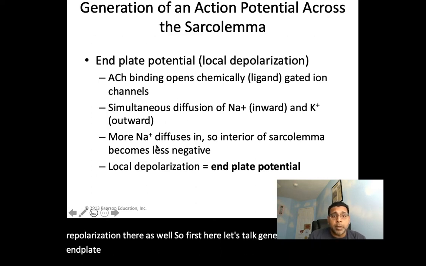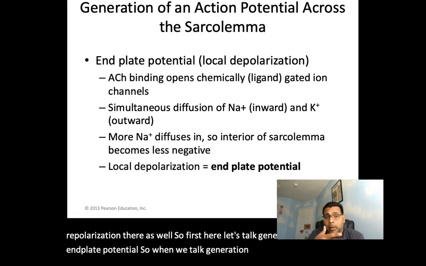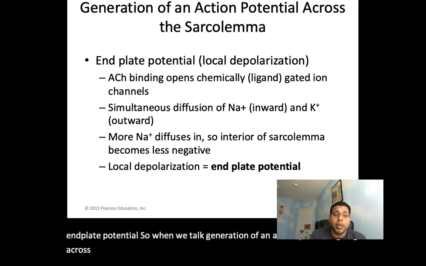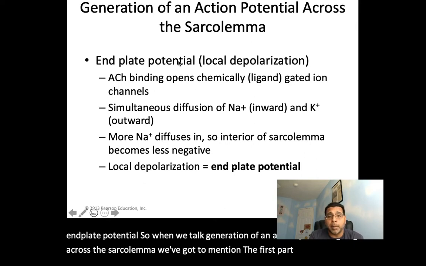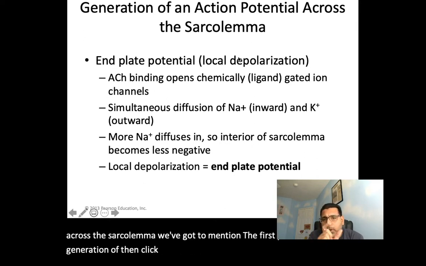When we talk about the generation of an action potential across the sarcolemma, we've got to mention the first part, which is the generation of the end plate potential. That's a local depolarization.